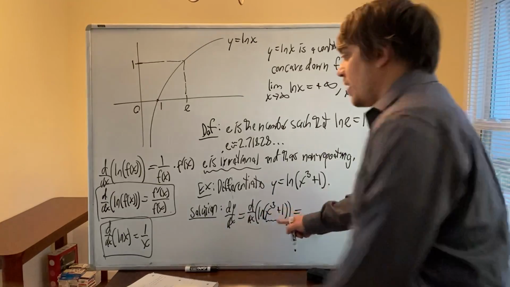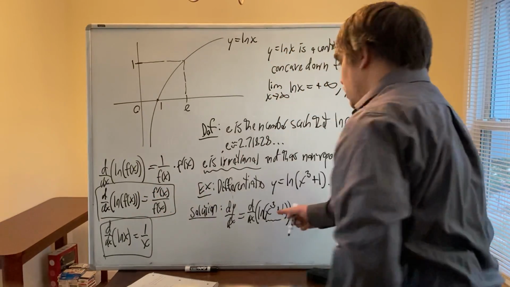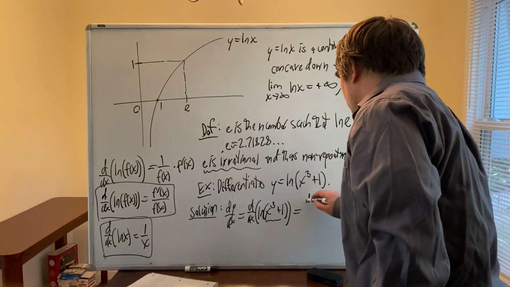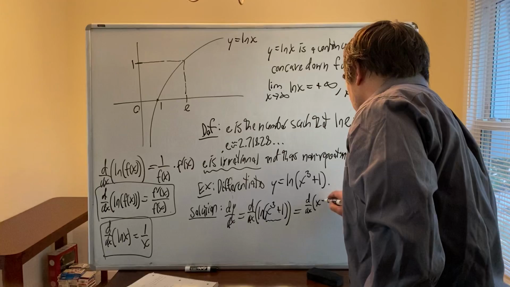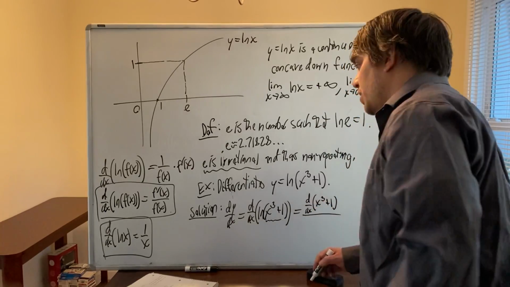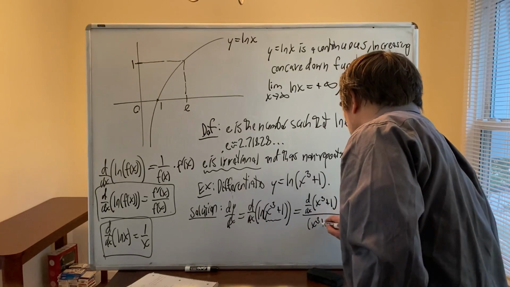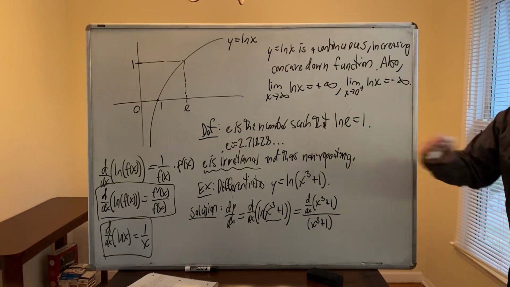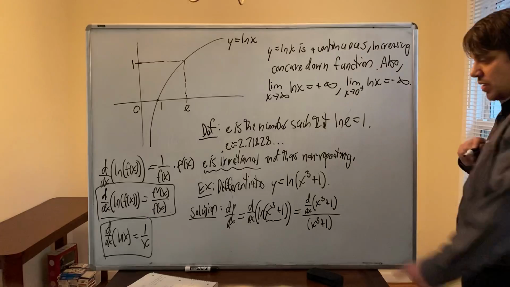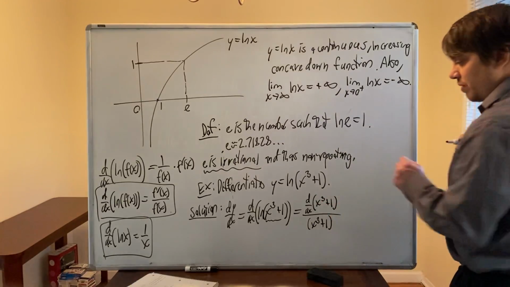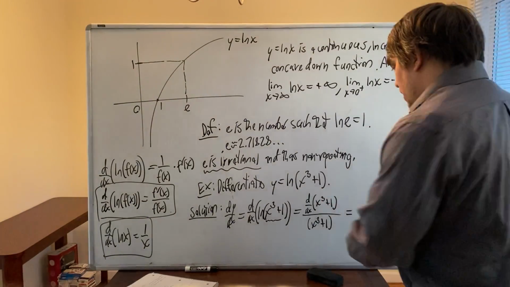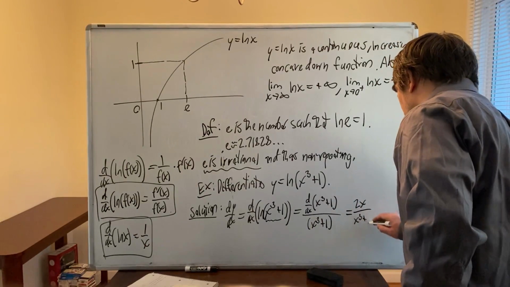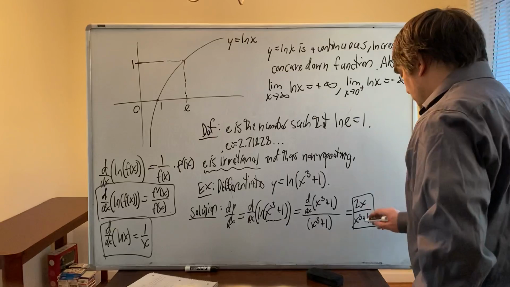So it's equal to the derivative of x cubed plus 1 divided by x cubed plus 1. So the derivative of y equals ln of x cubed plus 1 is the derivative of x cubed plus 1 divided by x cubed plus 1, and the derivative of x cubed plus 1 is 3x squared, giving 3x squared divided by x cubed plus 1. And that's it. That's done.